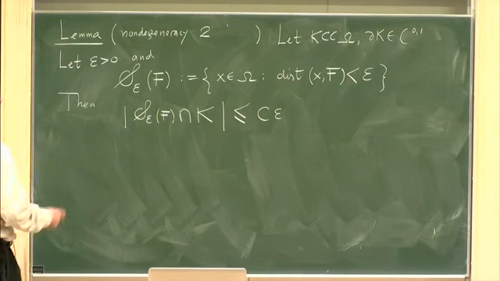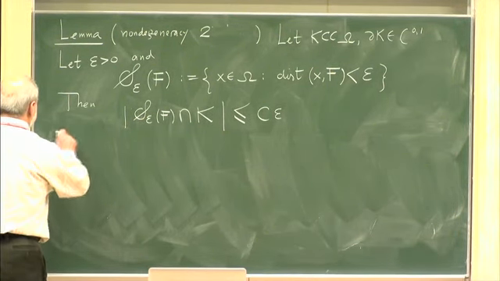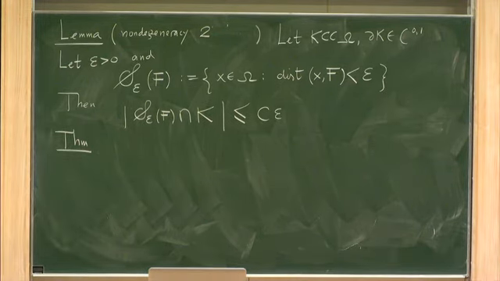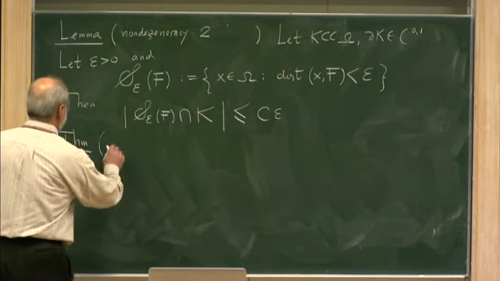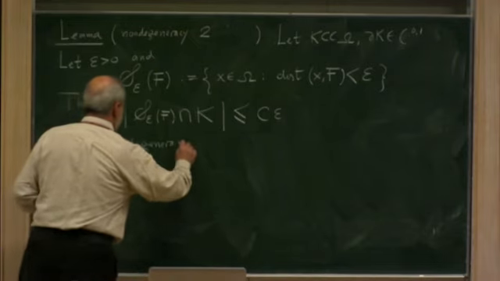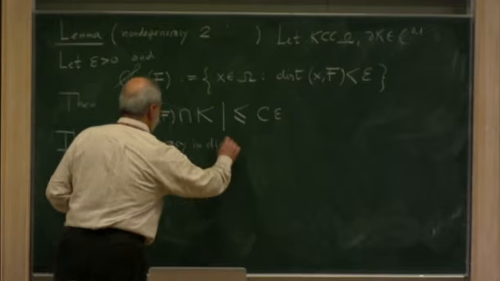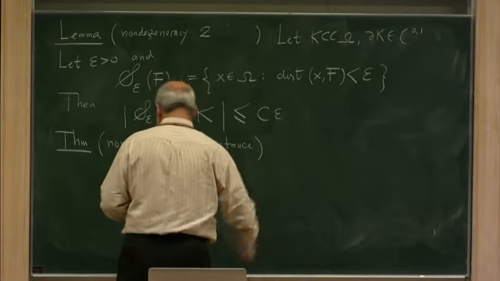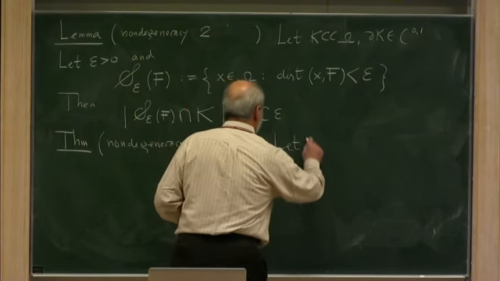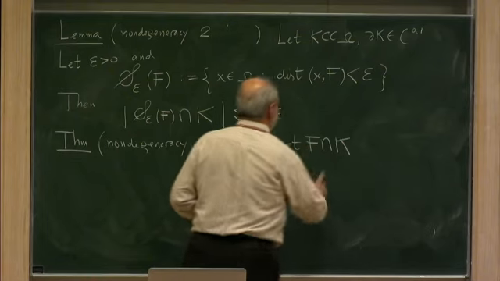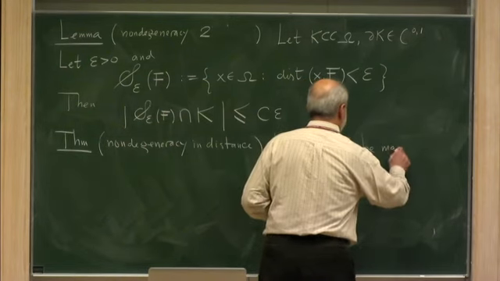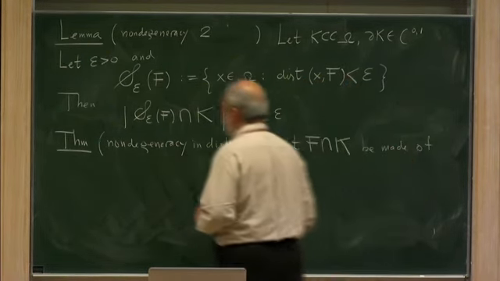And let me conclude this with another result. It's a consequence of regularity theory. Let me call it non-degeneracy in distance. So let F intersection K, this compact that we have, be made of regular points.